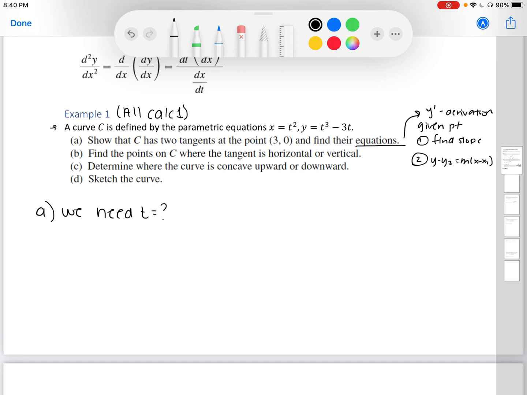We were not given a t, but we're given the point (3, 0). Notice that (3, 0) is an intercept, right? It's an x-intercept.